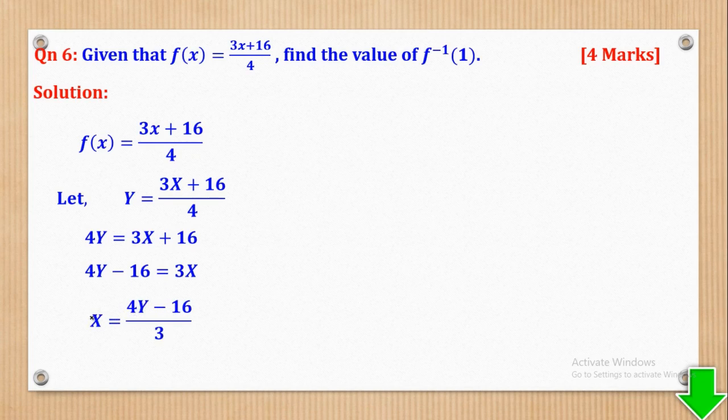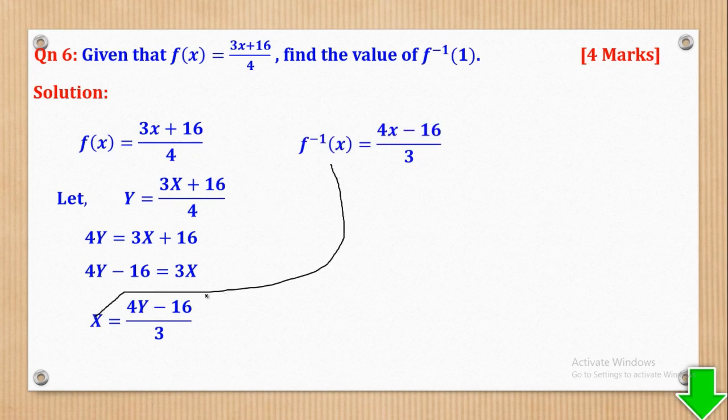So we have succeeded in making x the subject. Next is to state the inverse. So how do we state the inverse? You replace capital X with the inverse of f(x), then capital Y is now replaced with small x. Hope you have understood that.